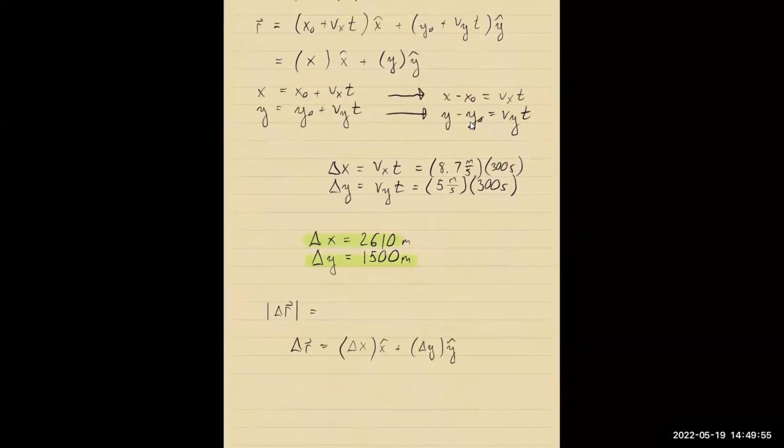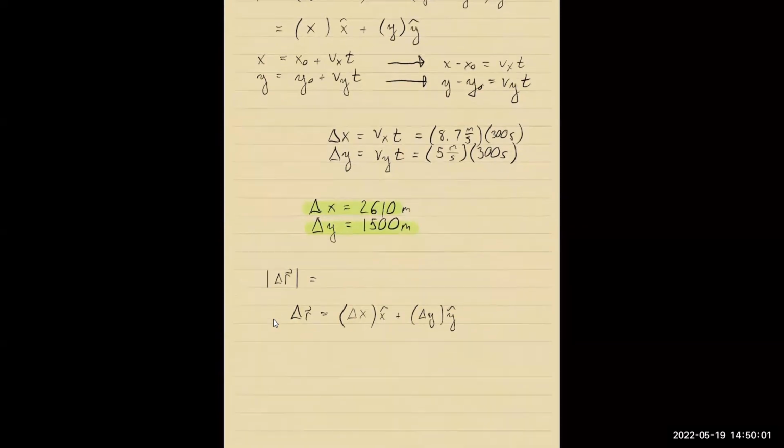And if we want to find the magnitude of a vector, such as the displacement, we take the square root of the x component of our vector squared, in this case our displacement in the x direction, plus our y component squared, which in this case is delta y squared.